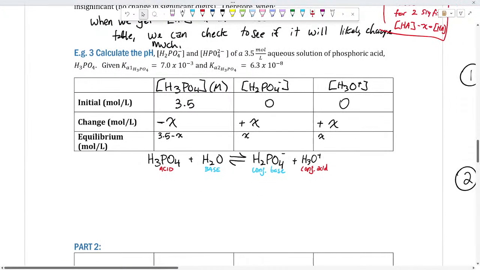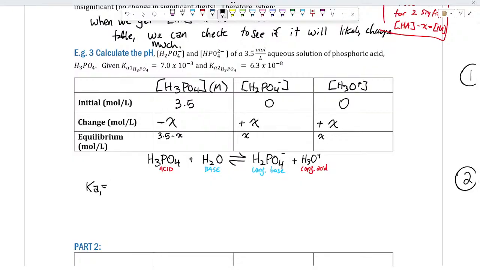Okay, so now if we go to write a Ka statement, Ka equals what in this case of this first reaction? 7.0 times 10 to the negative 3. Yep, but this was acid 1, the first hydrogen, and this says acid 2.